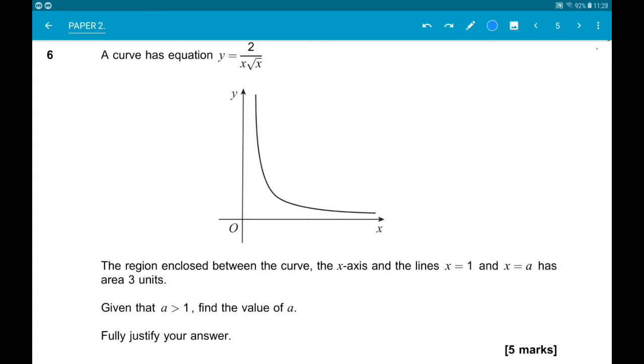So, first of all, let's rewrite y. So, 2 over x root x is 2 over x to the 1 times x to the half. So it's 2 over x to the 3 halves, which is 2x to the minus 3 halves.